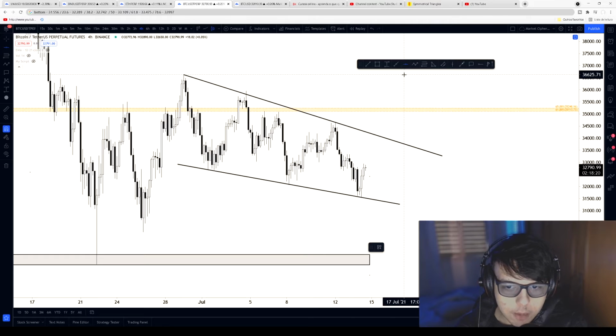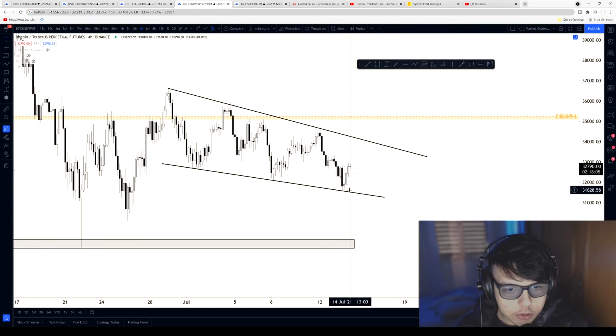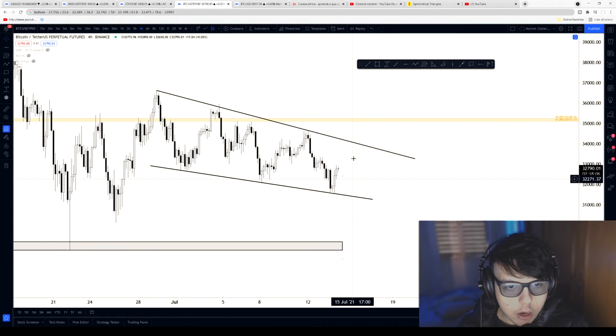And if we're talking about a bearish scenario, I would say the 28K is the most probable scenario for this to play out. Okay, and I do believe that since we bounced on this range here, we are gonna go all the way up to the top of the channel of the wedge once again, and potentially test that.